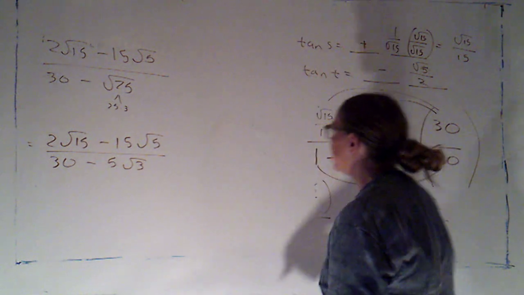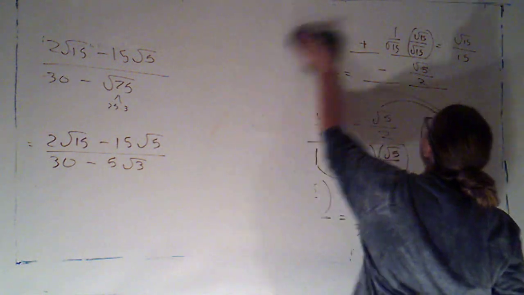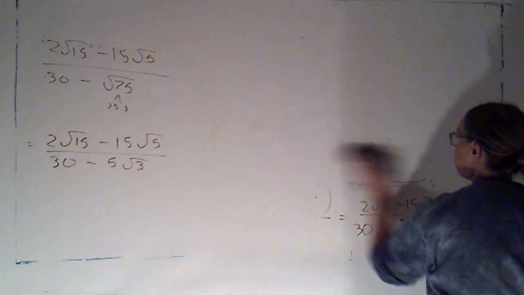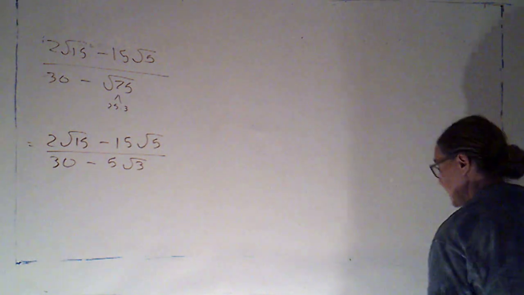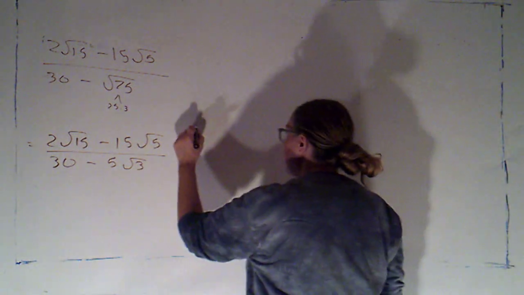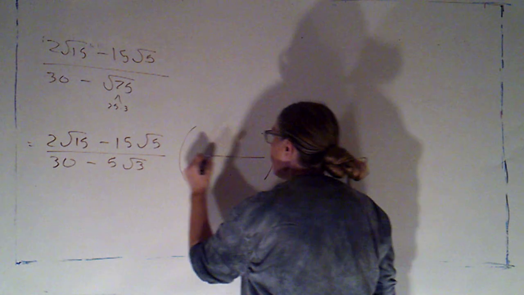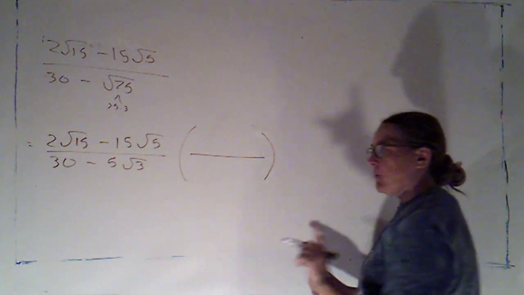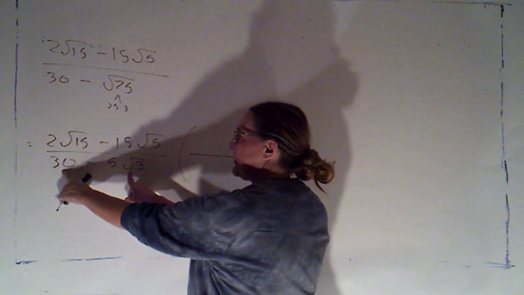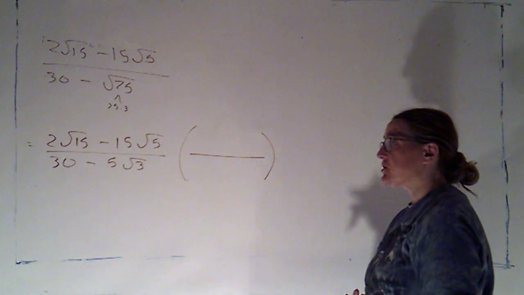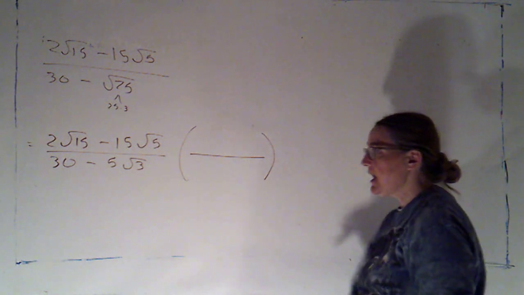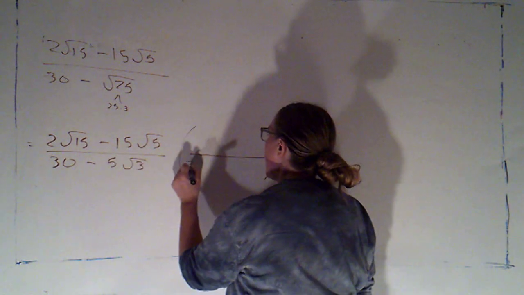And I want to get rid of that root in the denominator if I'm going to have this in simplest form. So the way to do that is I'm going to multiply by 1. And what I'm going to do is in this denominator, I'm going to keep those same two terms, 30 and 5 root 3, but I'm going to connect them with the opposite sign.